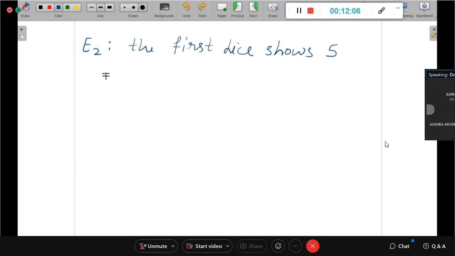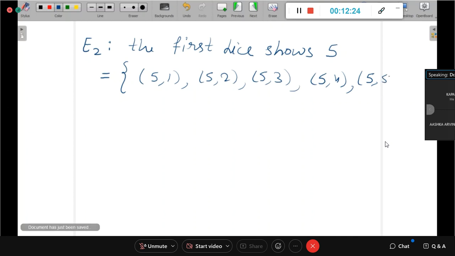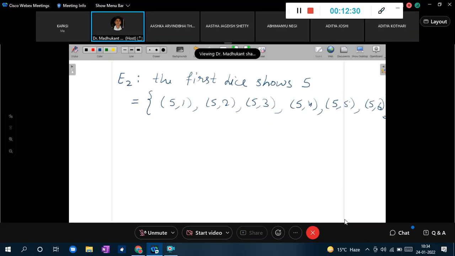I have this event E2, the first dice shows 5. The set of all possible such outcomes you can also write up here. It's going to be 5 comma 1, 5 comma 2, 5 comma 3, 5 comma 4, 5 comma 5 and 5 comma 6.